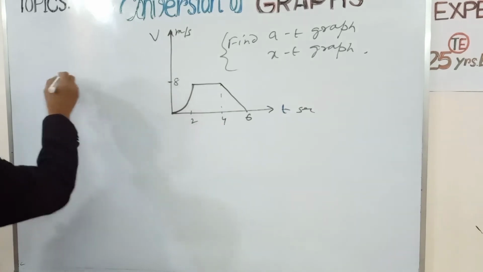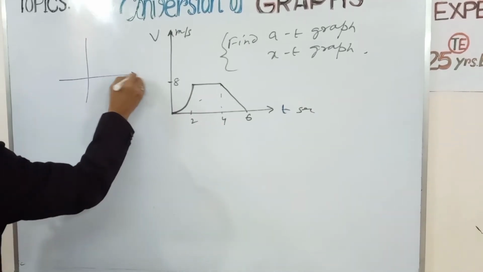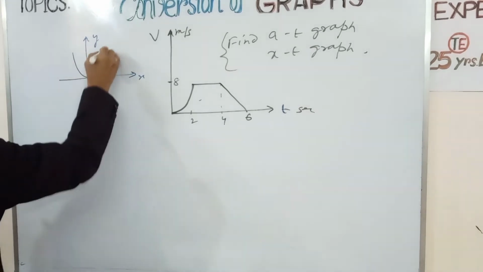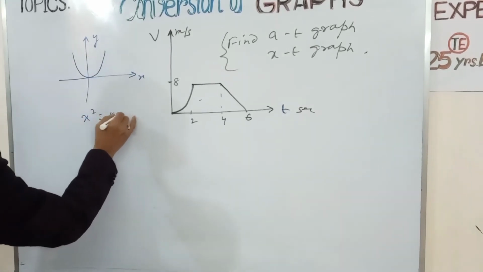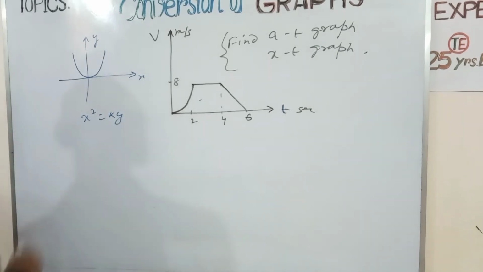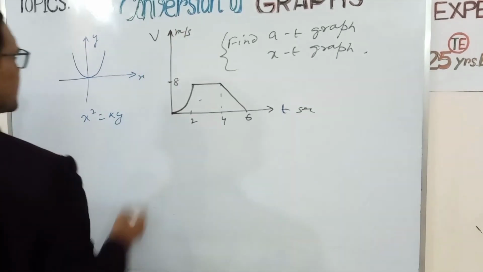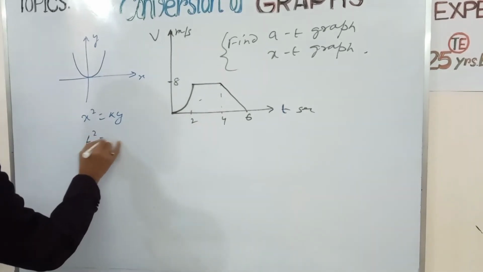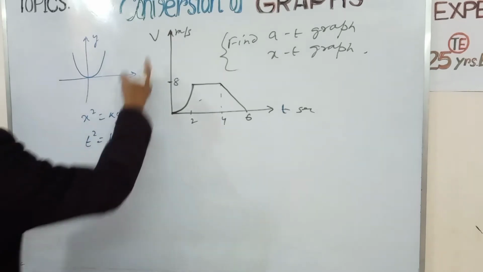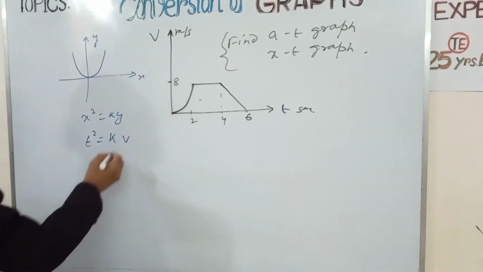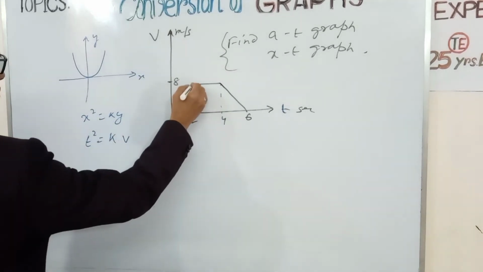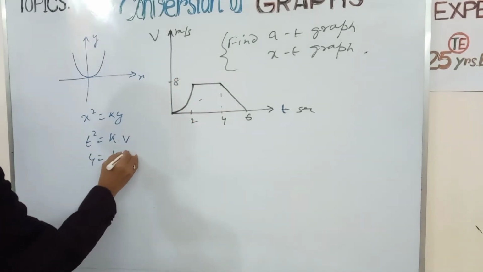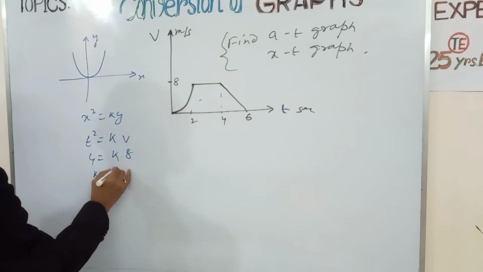Now what is this? We know this is a parabola, so in this form x square equal to ky. Here y is along V and x is along t, so t square equal to k into V. Now we have to find the value of k. When t equal to 2, V equal to 8, so 4 equal to k into 8, that is k equal to half.